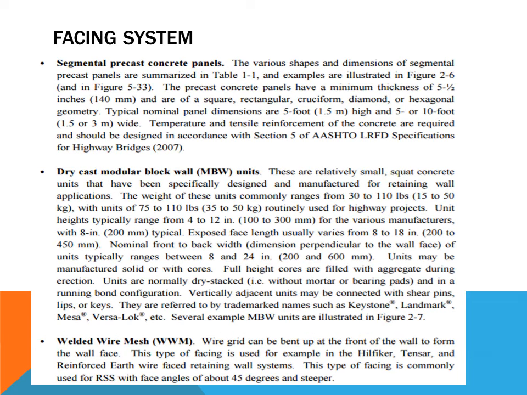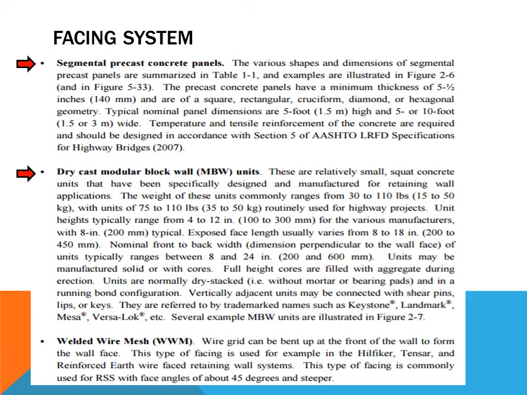So the facing system could be many. Some of them may use segmental precast concrete panels. So this is a more common type. It depends on the installer. They might have their own patented precast concrete panel types, which use their particular wall system.